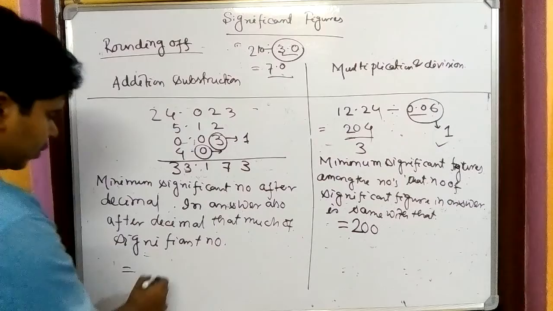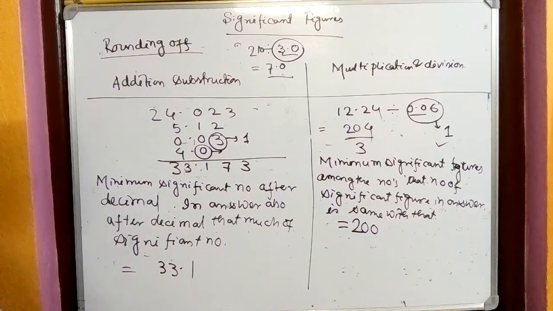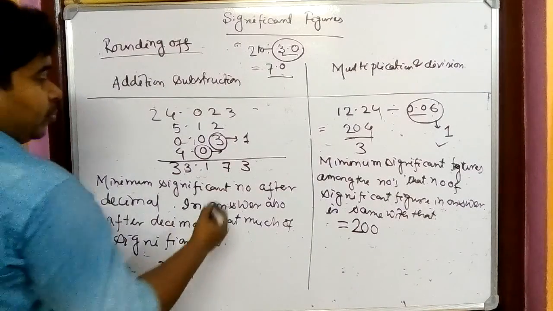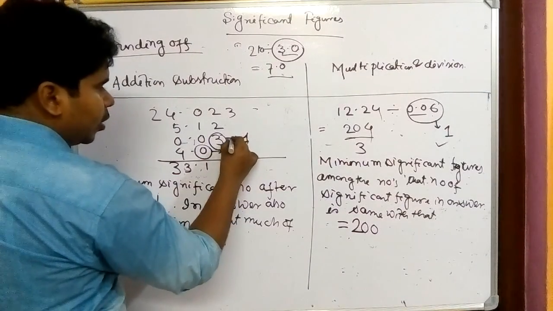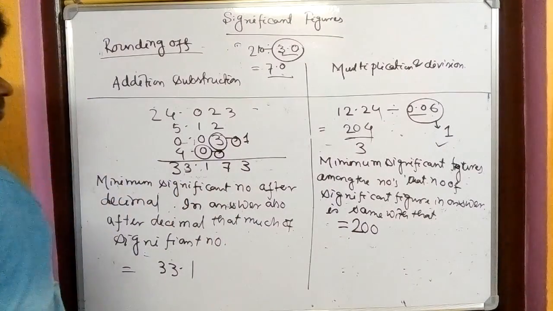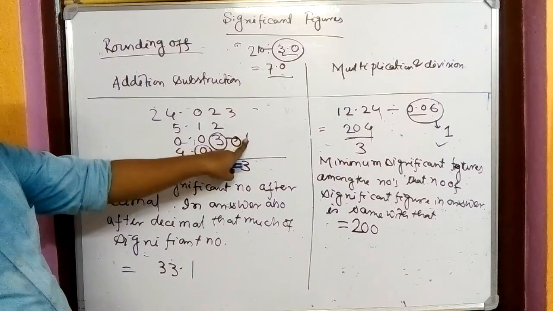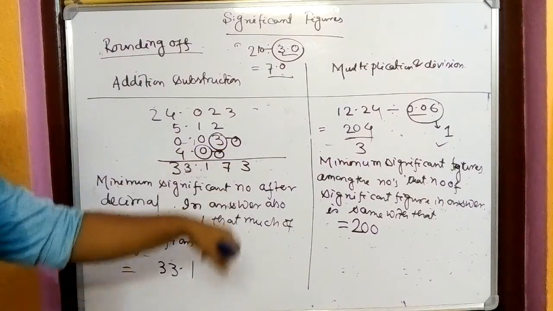So 33.1. But instead, assume it is written 0.030 and 4.00.